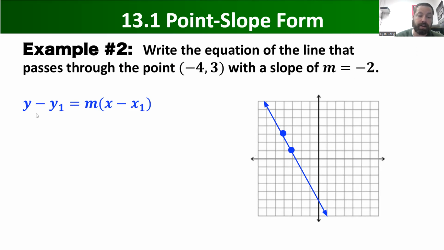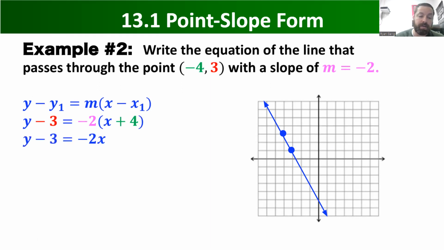So let's go ahead and do that. The y coordinate, y minus, well, what's the y coordinate? It's 3. So it's y minus 3 equals, the slope is negative 2. Just plug that in. Parentheses, x minus negative 4. Well, what's minus negative? It's plus. That's where you see plus 4.